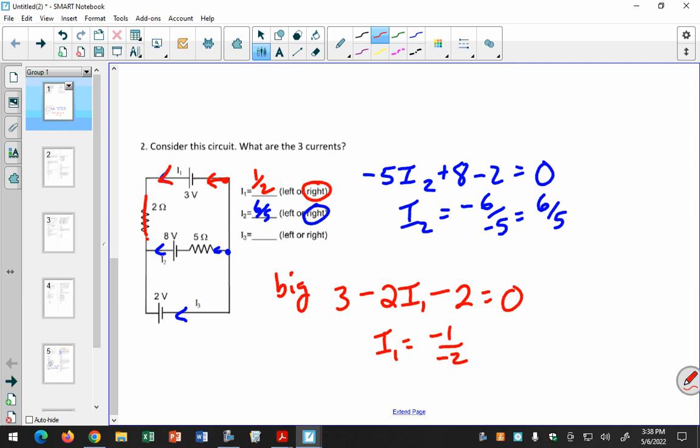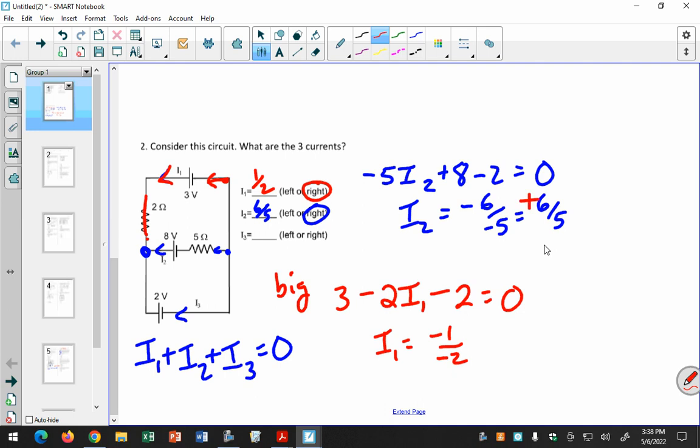And then finally, to get I3, I have to use the junction rule. I have I1 plus I2 plus I3 equals 0. So when I use the junction rule, oh wait, no, I chose my direction incorrectly here.